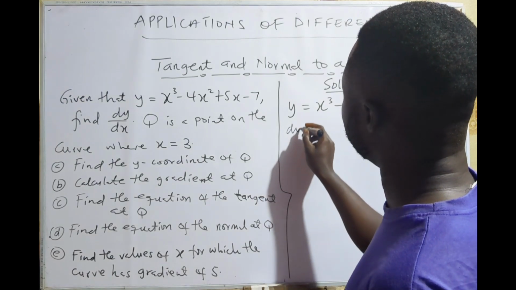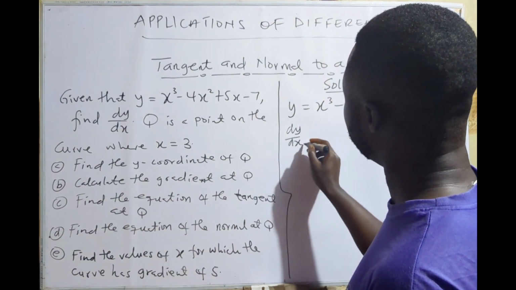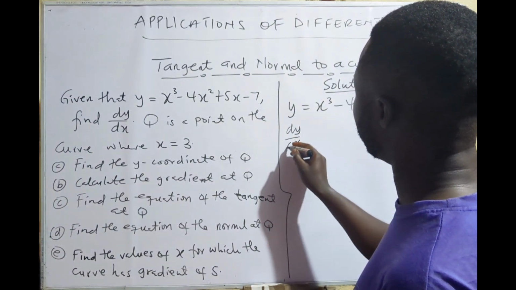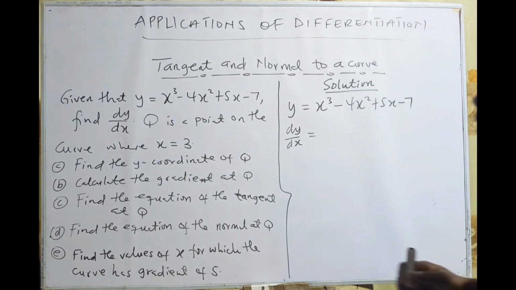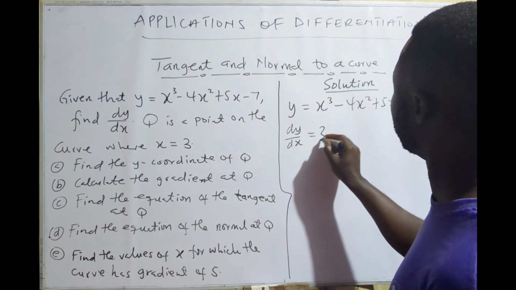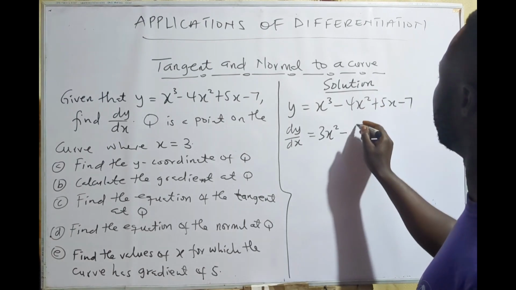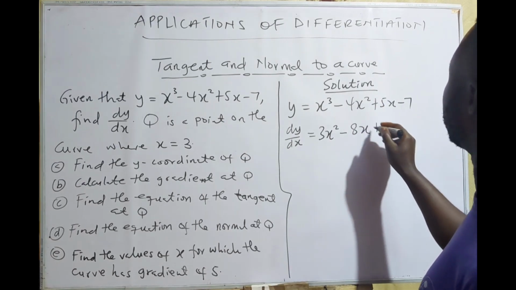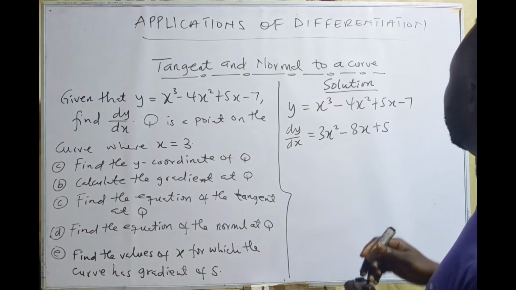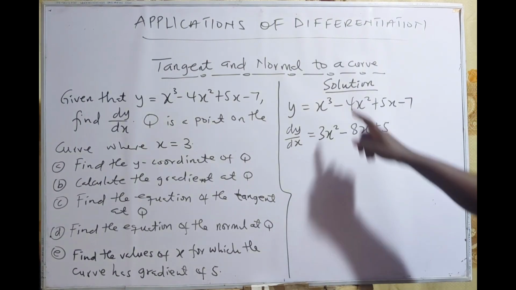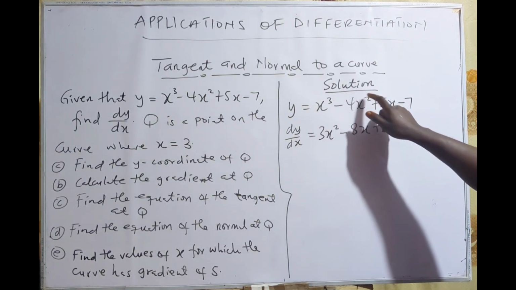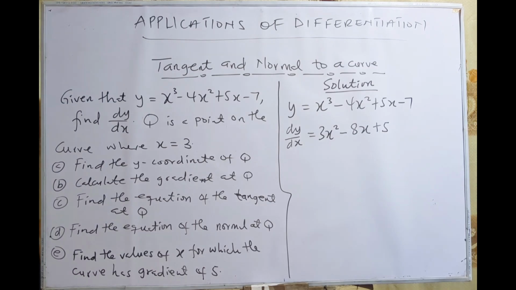Find out dy/dx, and take note that dy/dx is the gradient function. So this will give us 3x squared minus 8x plus 5. Okay, so you have 3x squared minus 8x plus 5. So this is our dy/dx.